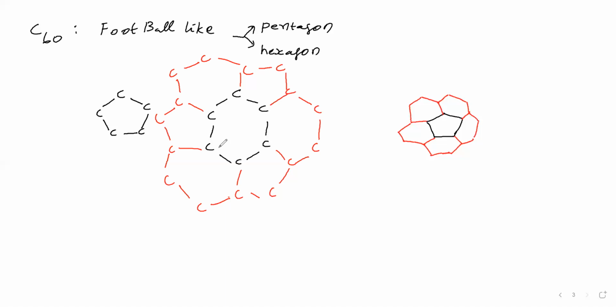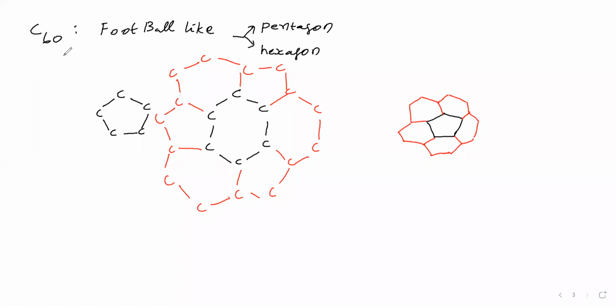Okay. So a hexagon is surrounded by 5-membered as well as 6-membered rings. So, like this it will be. This is the arrangement of pentagons and hexagons in the football-like structure in the molecule of C60.